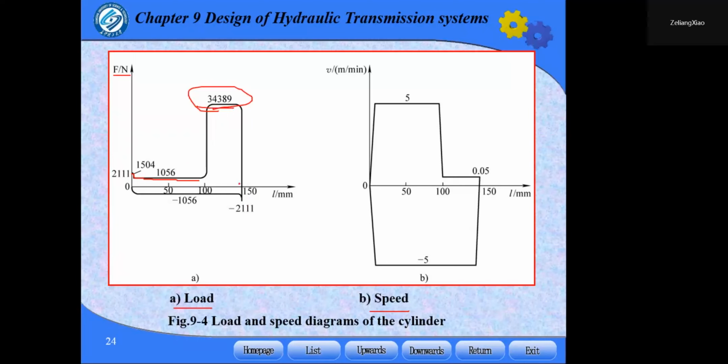Then we go to the rapid retracting. What's the force? Go to zero, then in the opposite direction. Also it is the same, but in the opposite direction.